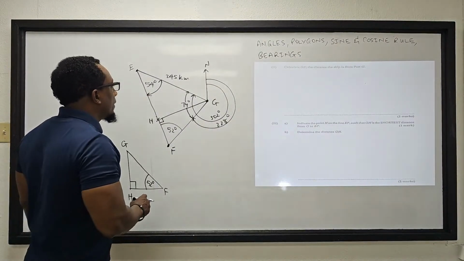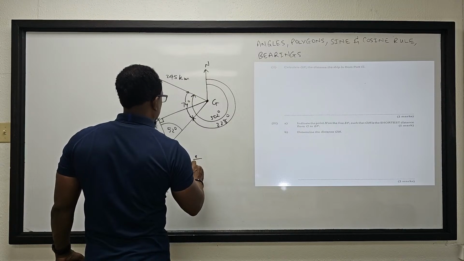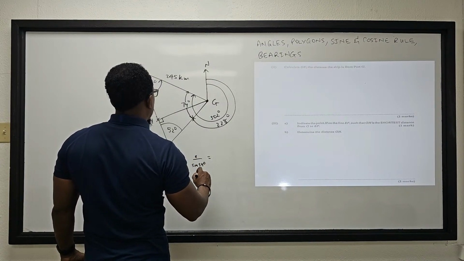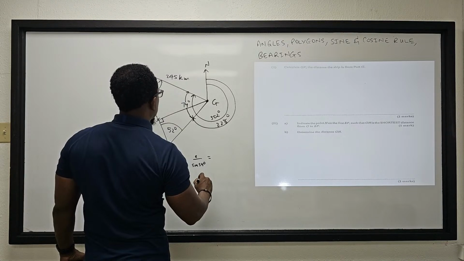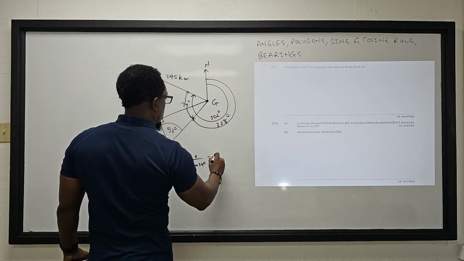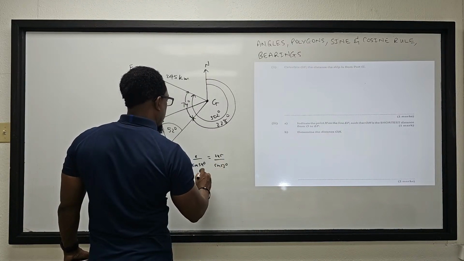Let me just quickly double check it. This will be E all over sine 54, and this will be 245 all over sine 52.